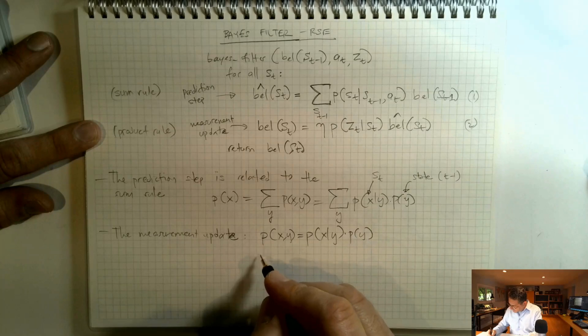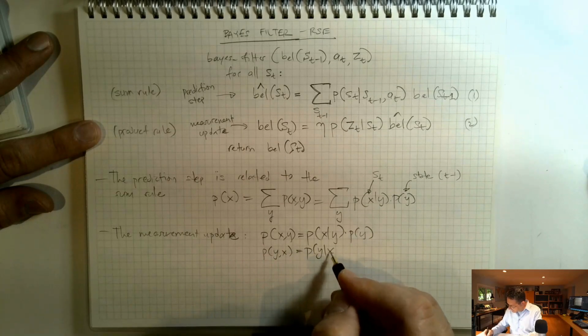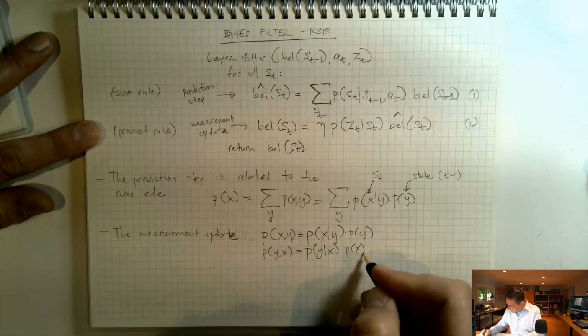We also know that p of x comma y is equal to p of y given x times p of x.